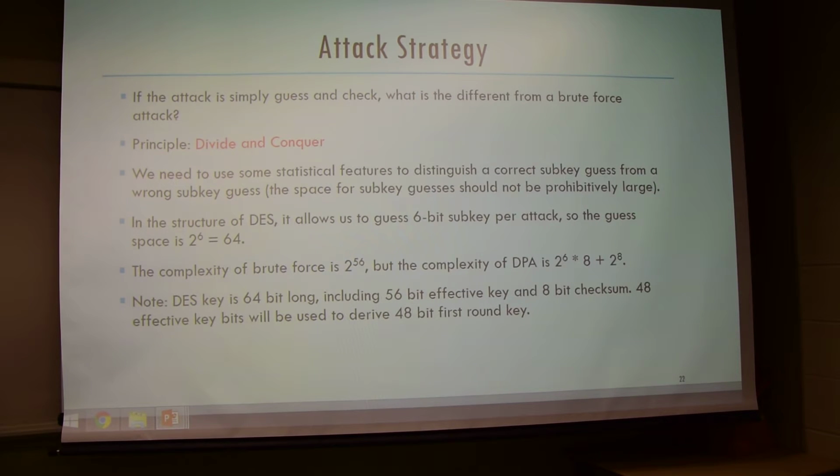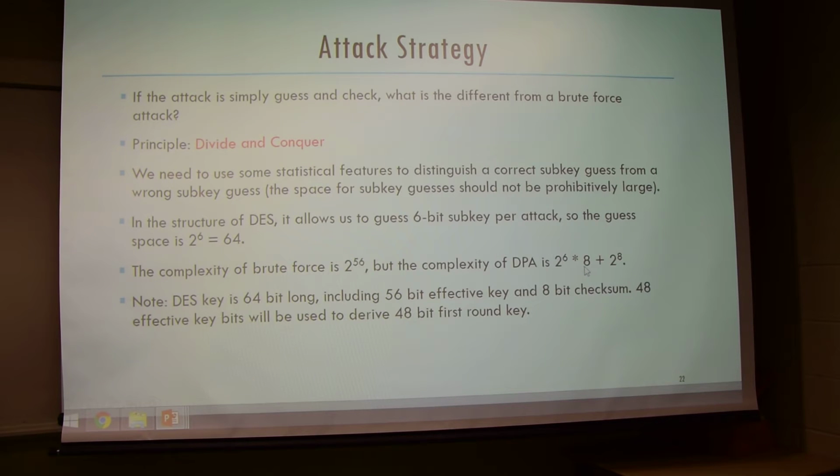And to get all the key bits of DES, if you do it in a brute force way, you need 2 to the power 56 computations to finish it. For DPA, you only need 2 to the power 6 times 8 plus 2 to the power 8. So 2 to the power 6 here only gives you a 6-bit subkey, right?